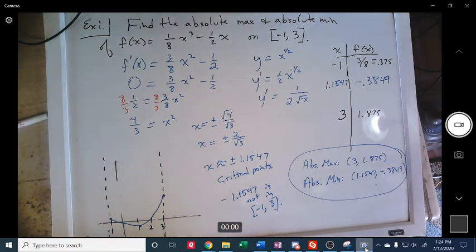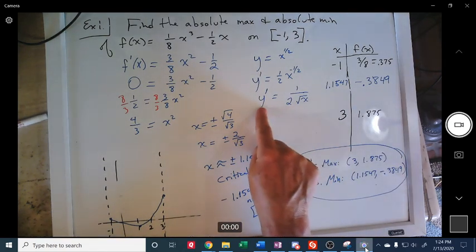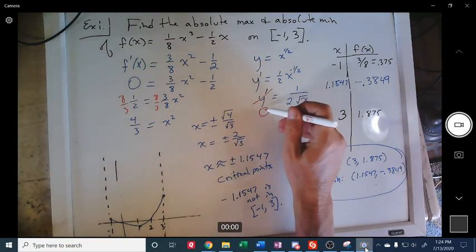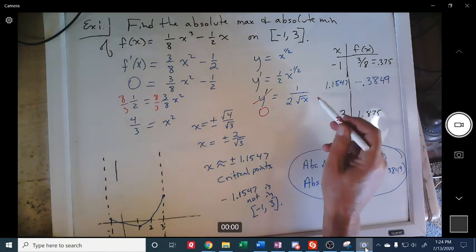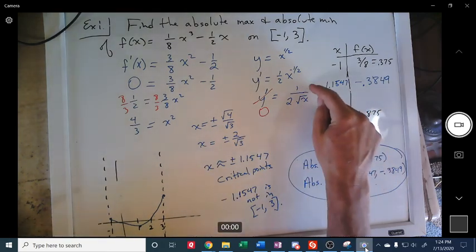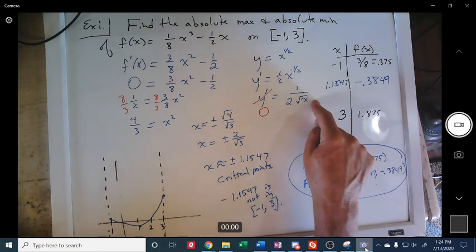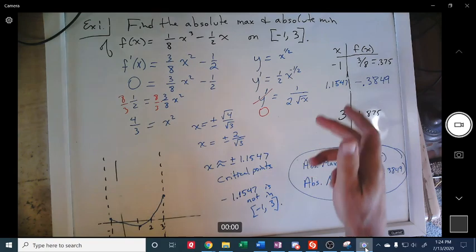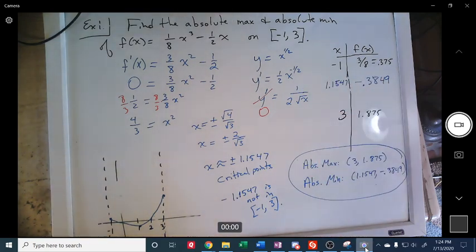If you set the derivative equal to 0, you're going to get no solution, because the only way a fraction can be 0 is if the numerator is 0. And the top part of this fraction is always 1, so you'll get no solution.